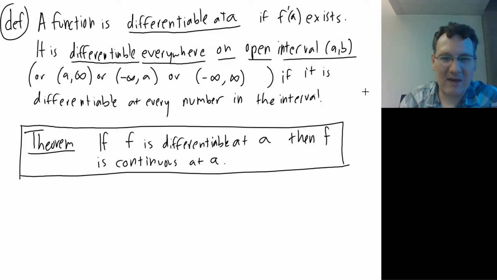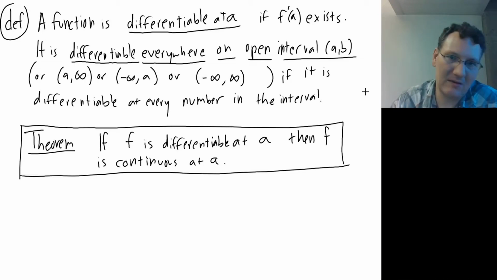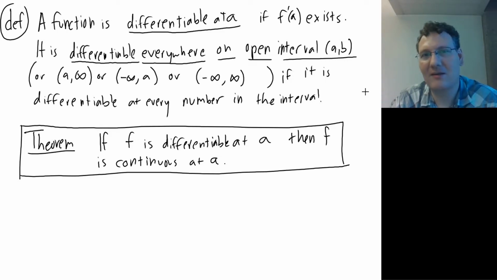A theorem that we have is that if the function f is differentiable at a, that means that the function is continuous at a. But it should be pointed out, it doesn't mean that if it's continuous, it's always differentiable. And there's plenty of cases where that is not true. It's that differentiability implies continuity, okay?